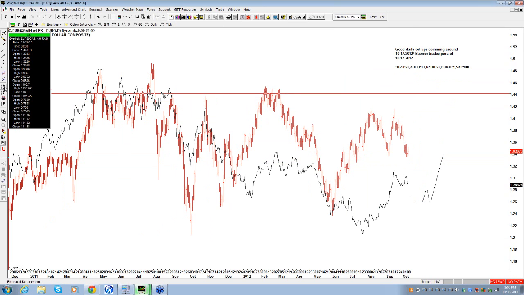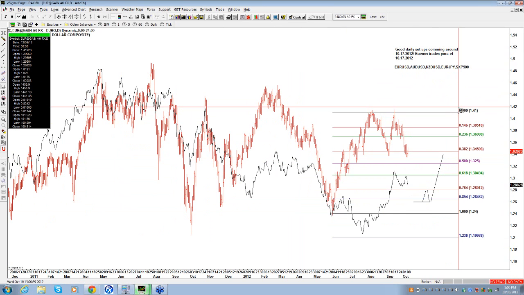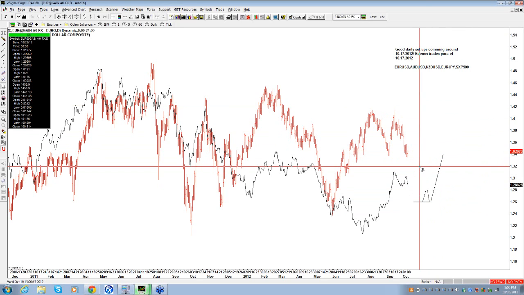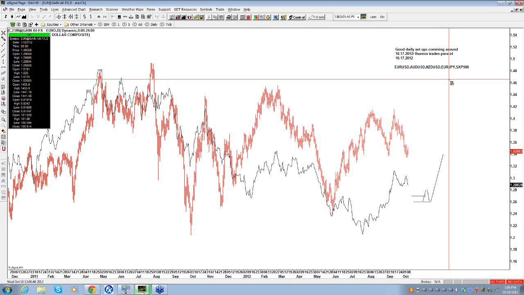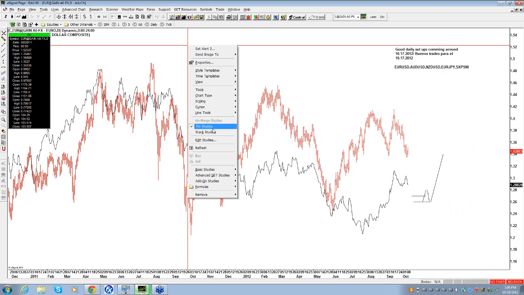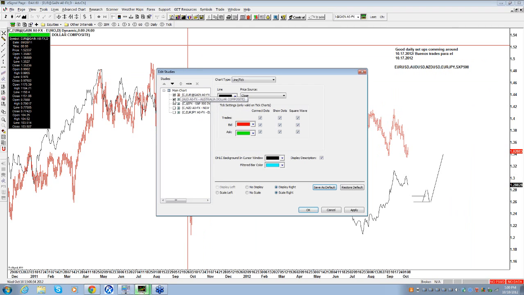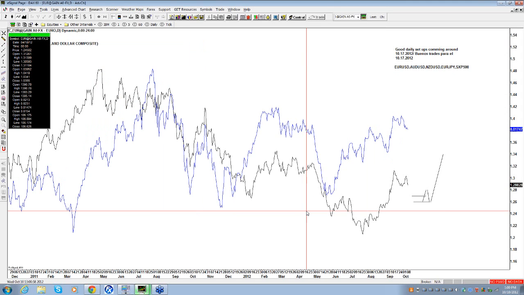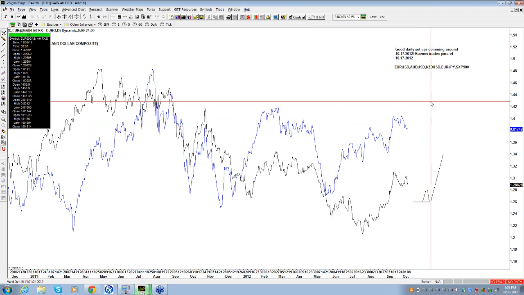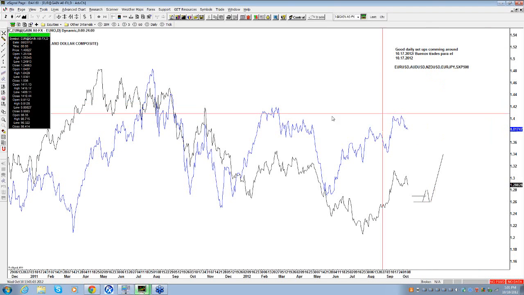Buying Aussie dollar at around 99.1, looking for 107. Another great daily setup. Another one which is pretty good is the New Zealand dollar. It is buying New Zealand dollar at 81, looking for 85.